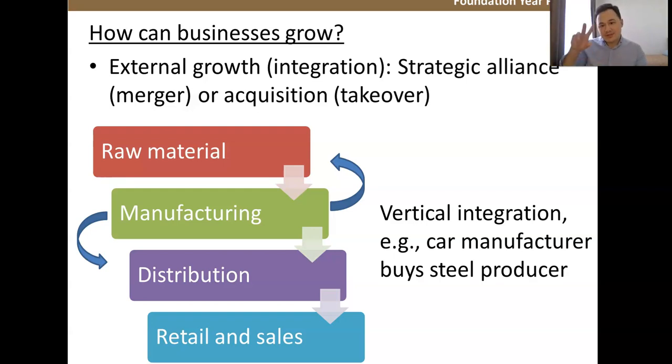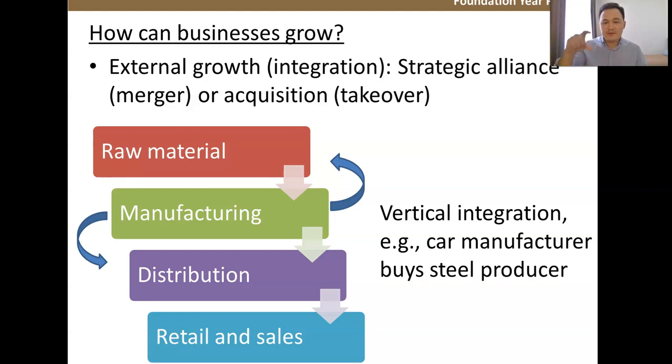Now let's define two ways of integration. There is vertical integration and horizontal integration. Now, why do we need to know that, and what's the difference? If you do remember, there were different primary, secondary, and tertiary sector businesses. Do you remember that?